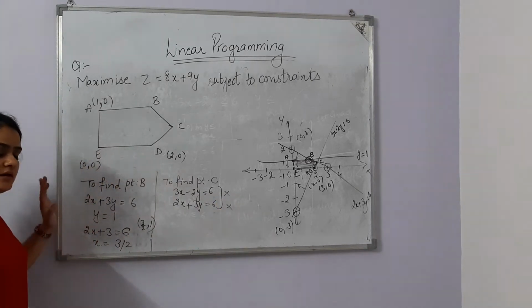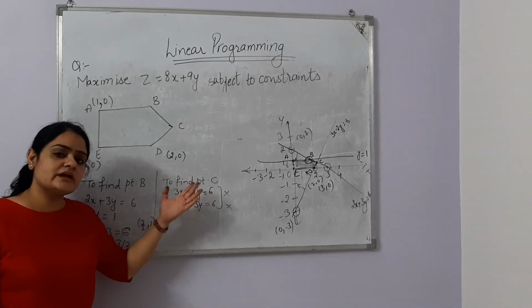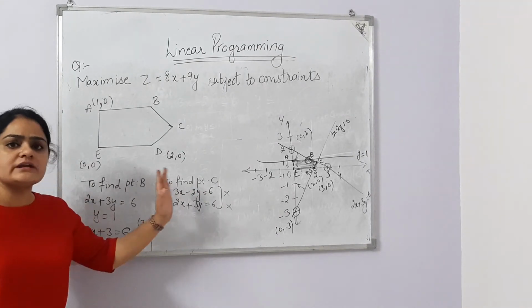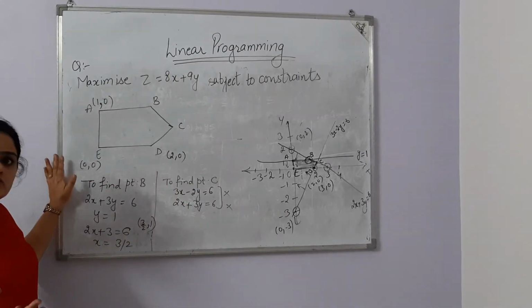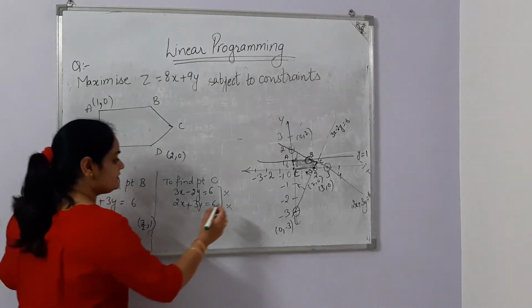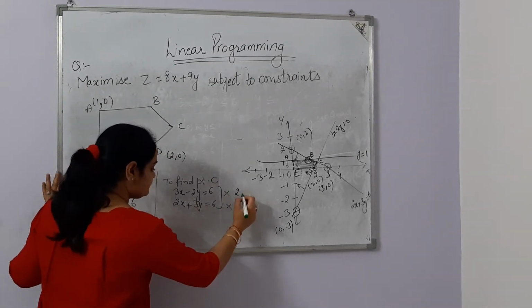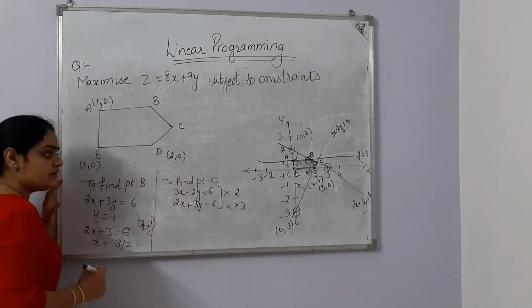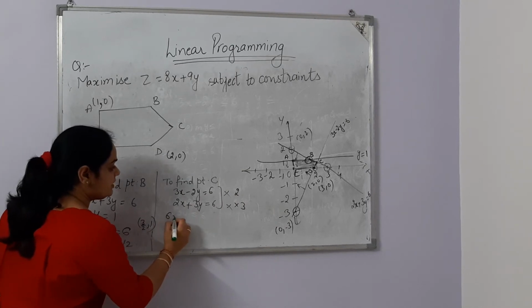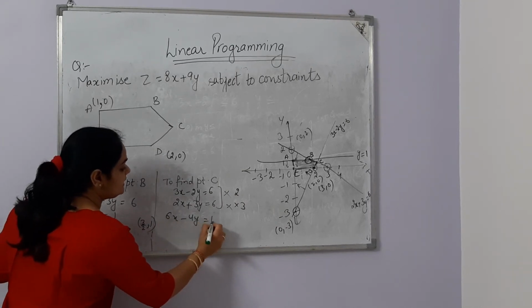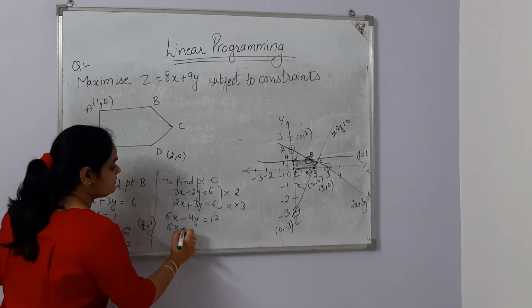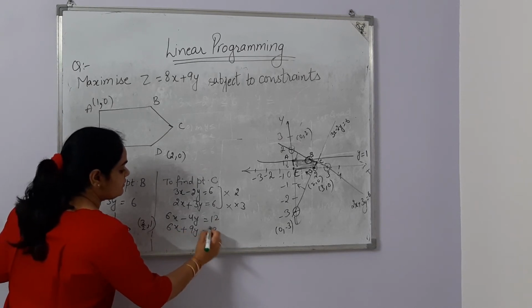We can find x and y by using any method, either substitution or elimination. Whatever you want to apply, you can. I am using the elimination method here. It is 6x minus 4y equals 12, and 6x plus 9y equals 18.